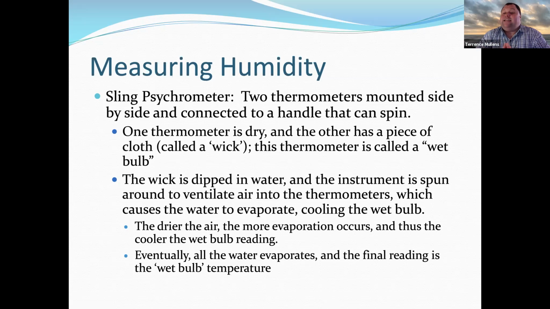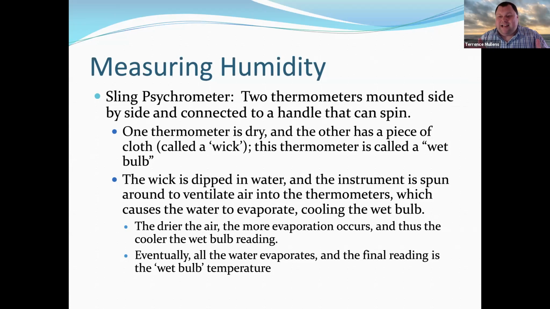On the other hand, the temperature of the dry bulb at the other one isn't decreasing. It's staying the same because it's not wet, it's not experiencing any evaporation. If the air is really, really dry, a lot of water will evaporate off of that wet bulb. That'll make the temperature way colder.